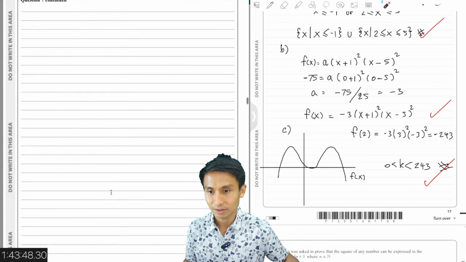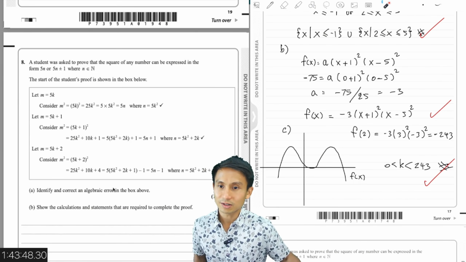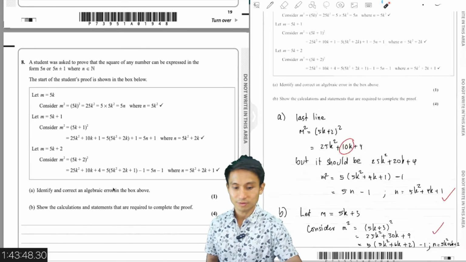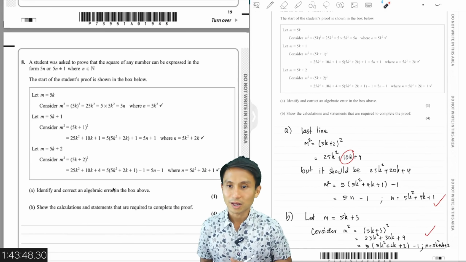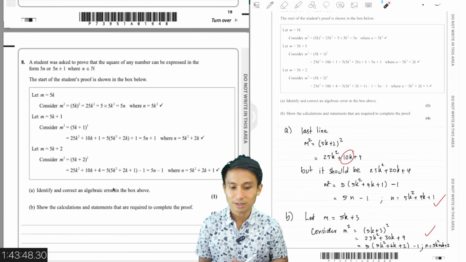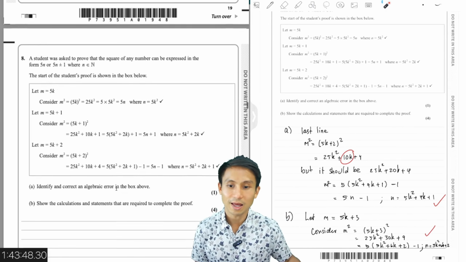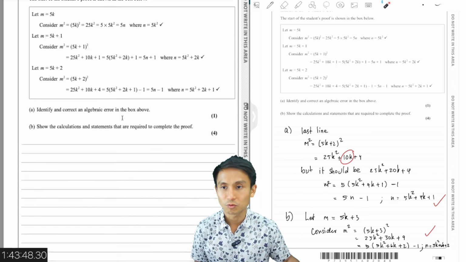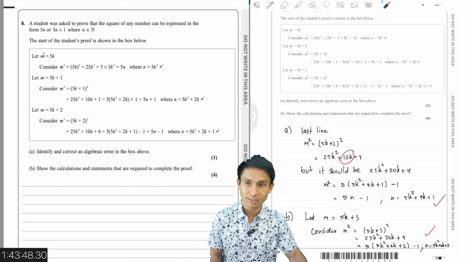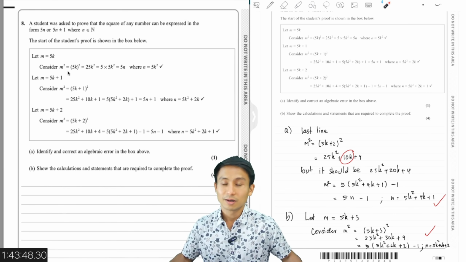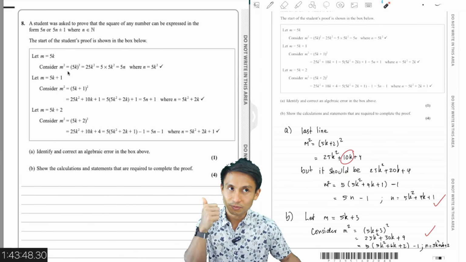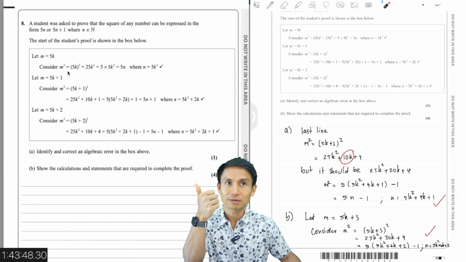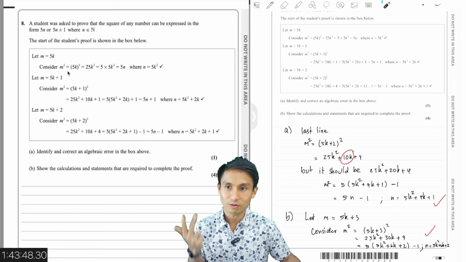All right. Number 8. Yeah, this is proof. So just find it through there. Should be fine. We just spot the error there and write the correction. And again, the complete proof would require that you go through all cases of m, because you can have a multiple of 5 and then a multiple of 5 plus 1, 2, 3, or 4.